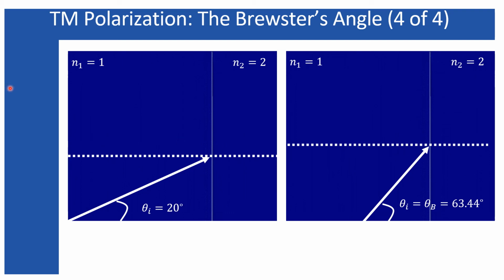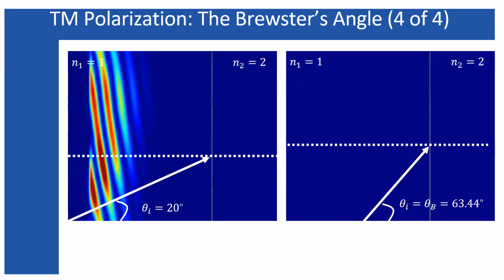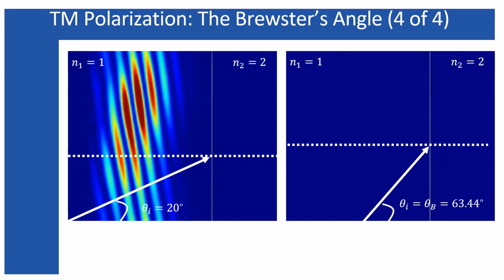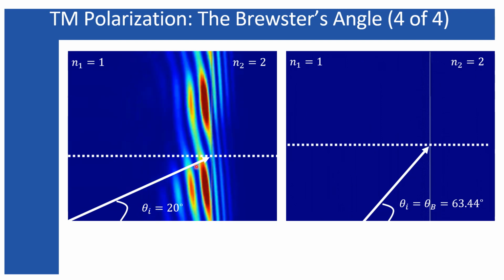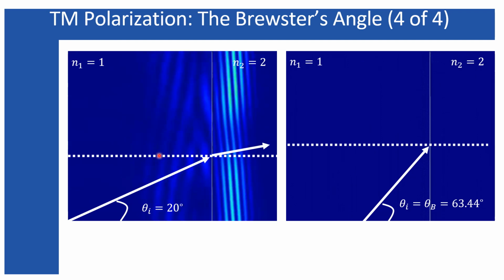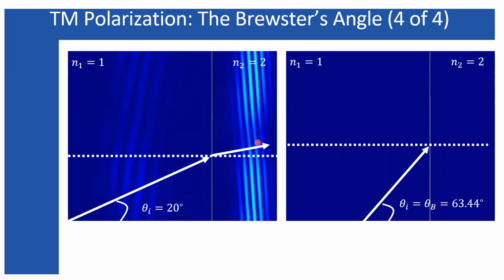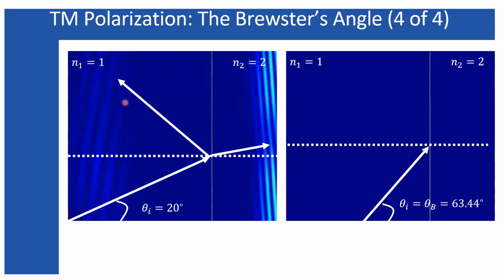Let's see. So this is the wave vector that must be perpendicular to the direction of propagation. Here this is a transmitted wave that is also perpendicular to the propagation, and this is a reflected wave.